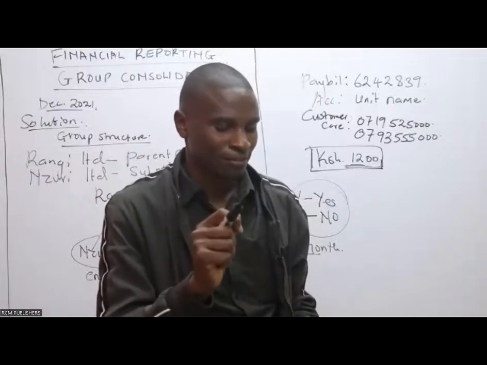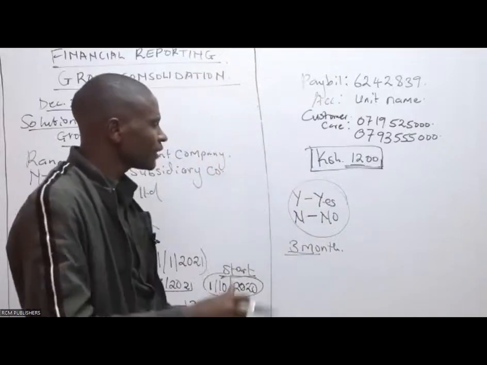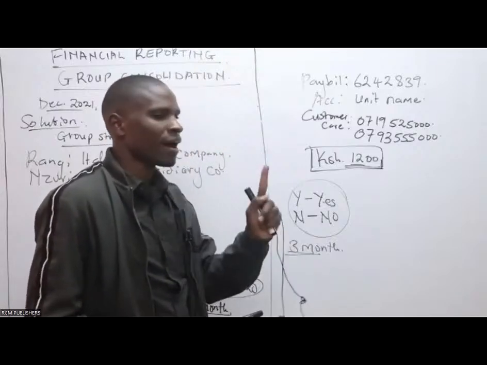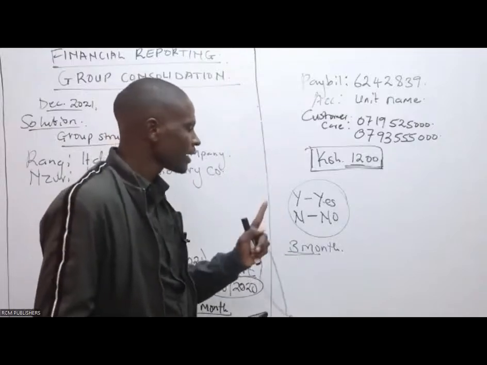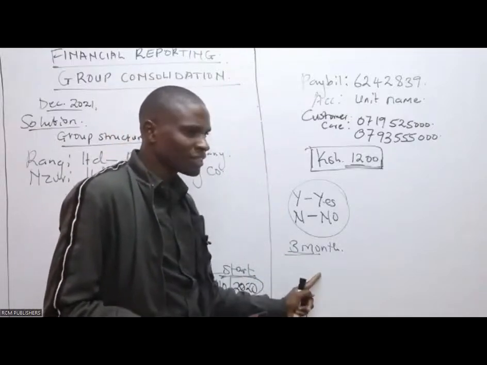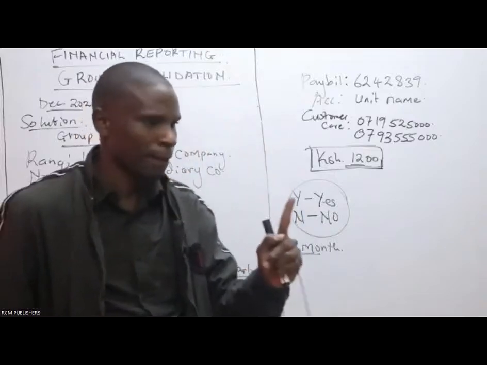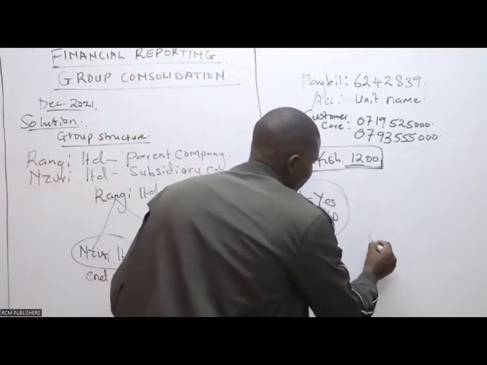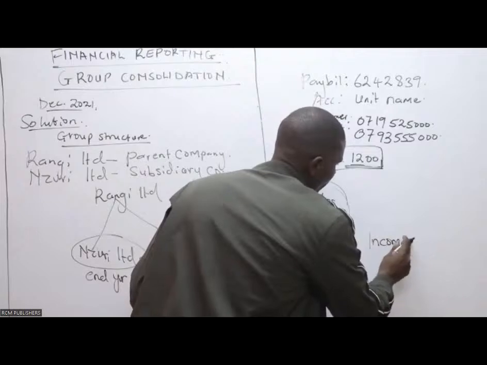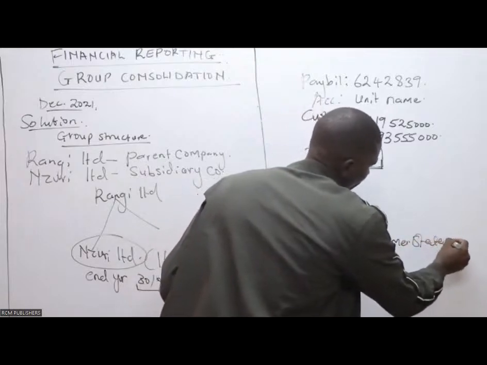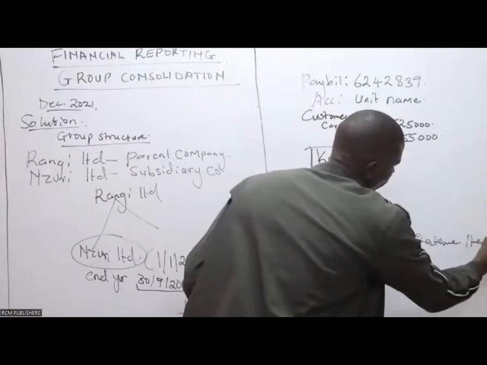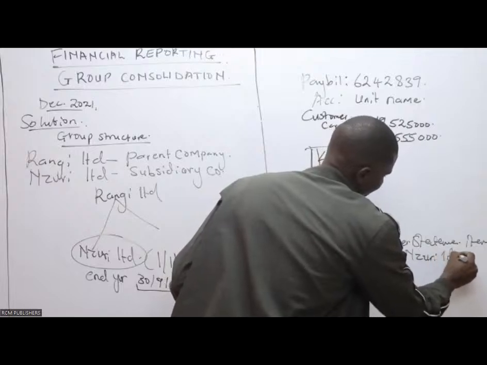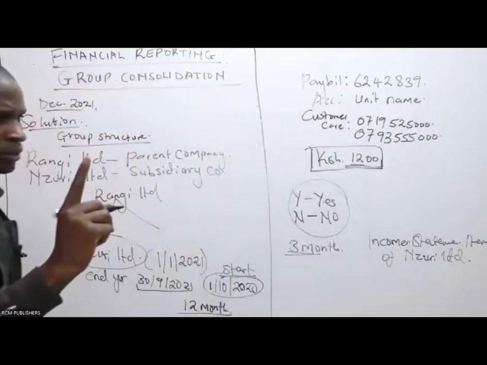Since Rangi Limited acquired Zuri Limited in between its financial year, I repeat, since Rangi Limited acquired Zuri Limited in between its financial year, we apportion the income statements items of Zuri Limited or the subsidiary. That is the rule.